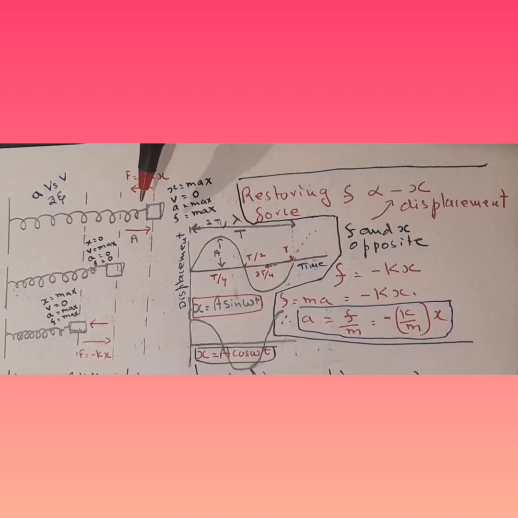Now let us talk a little bit about displacement, velocity, acceleration and force. Whenever it comes over here, this is the amplitude I told you, so the displacement x is maximum. Once it comes over here, velocity is 0, and only after that it would go back.